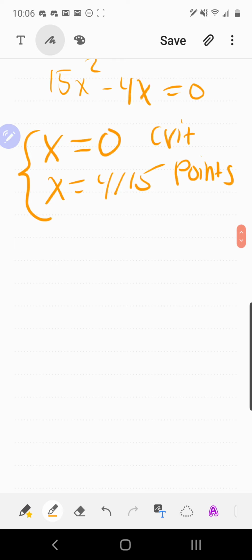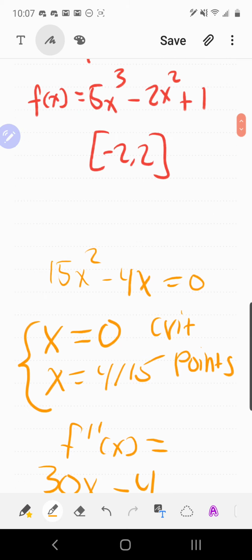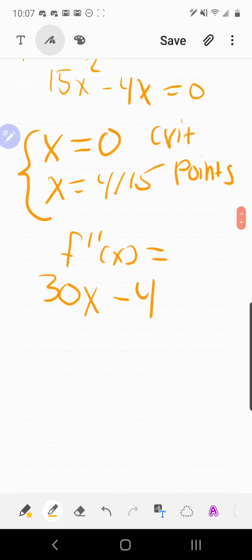All right, so let's do our second derivative. Derivative of this now will be 30x minus 4. Okay, so with this, let's plug in our first critical point. What do we get from that? If we plug in x equals 0, we get -4 equals f double prime of 0.